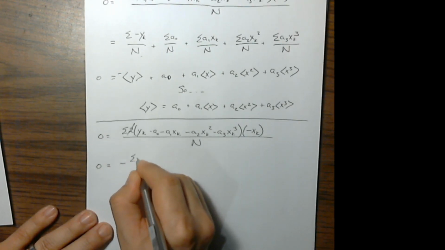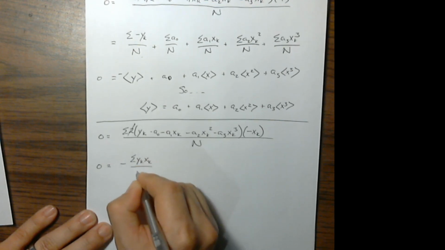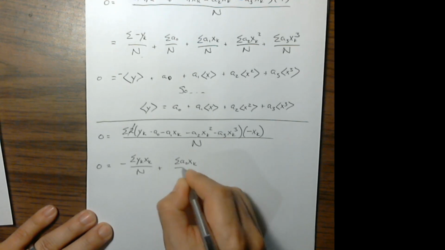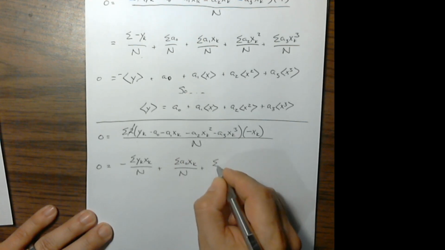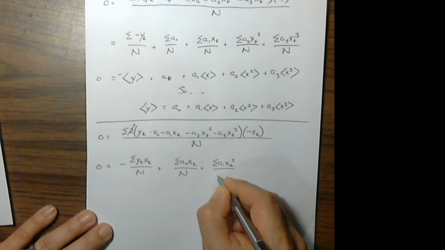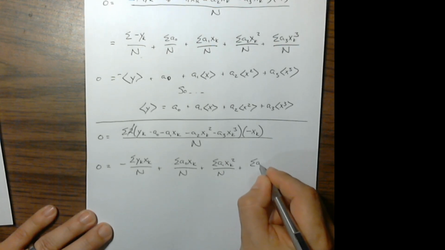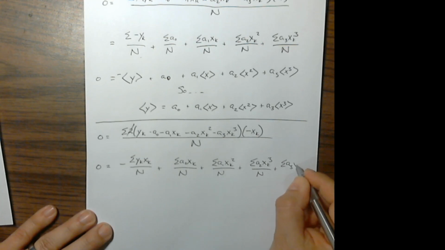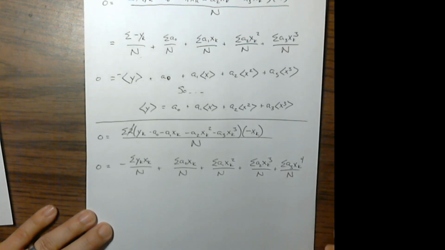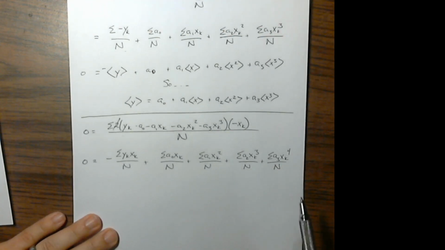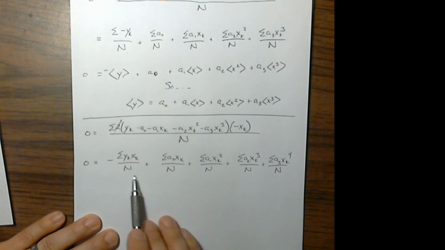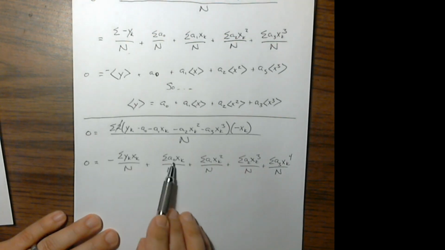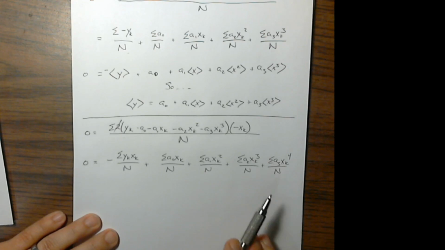Negative... There we go. Notice that if I compare this line with this line, because the term out here from the partial derivative was different, we promote the power of x in every single term.